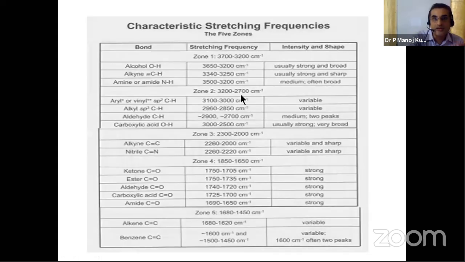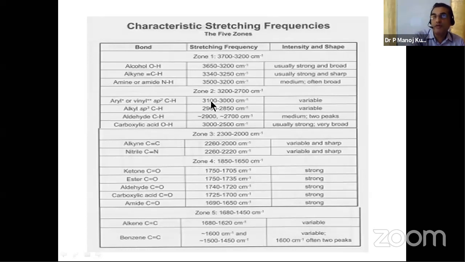You can see here the zone 2. Don't remember these values, we can easily do it later on. You can see here alkenic CH as well as aryl CH, they will come above 3000, and below 3000 these are the other CHs: the methylene CH2, the methyl CH3 or the methine CH. All that CH will come below 3000. Please make a note of it.